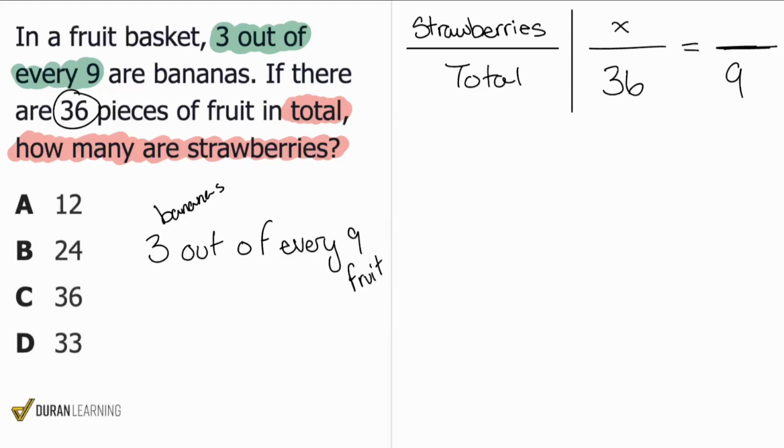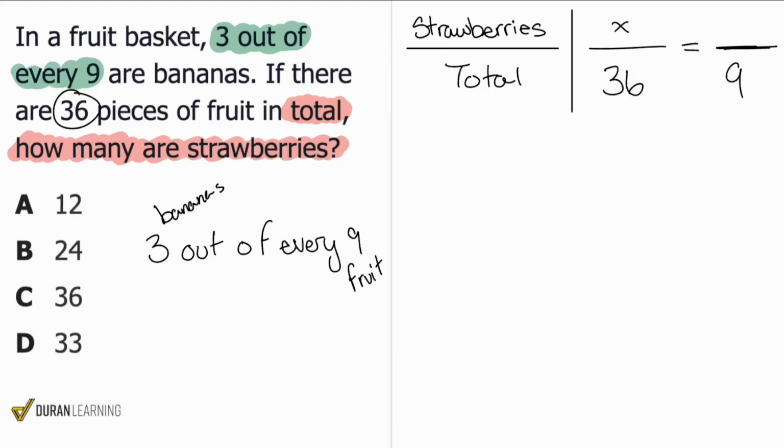Up next, though, is the bigger, more annoying question, I think we can be honest about that: okay, well, coach, if 9 belongs on the bottom, then what am I supposed to put up here? Well, everybody, let's start with this. What are we representing up top? Yeah, we're representing strawberries. That's what you have to wrap your head around. Look at this sentence right over here. If 3 out of every 9 are bananas, then what's left over? How do we get what's left over?